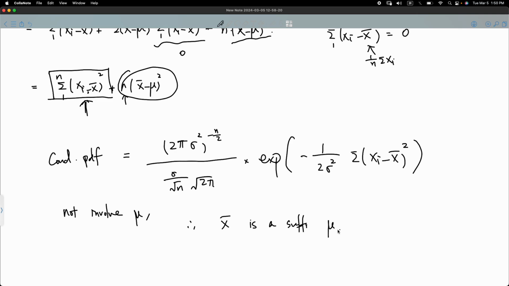But the high level idea is that with the joint over the marginal, we have the conditional. And after simplifying the forms using some tricks here, the conditional PDF does not involve mu. And then we can claim that T of x, which is x bar, our statistic, is a sufficient statistic for our parameter mu here. Okay, yeah, thanks.